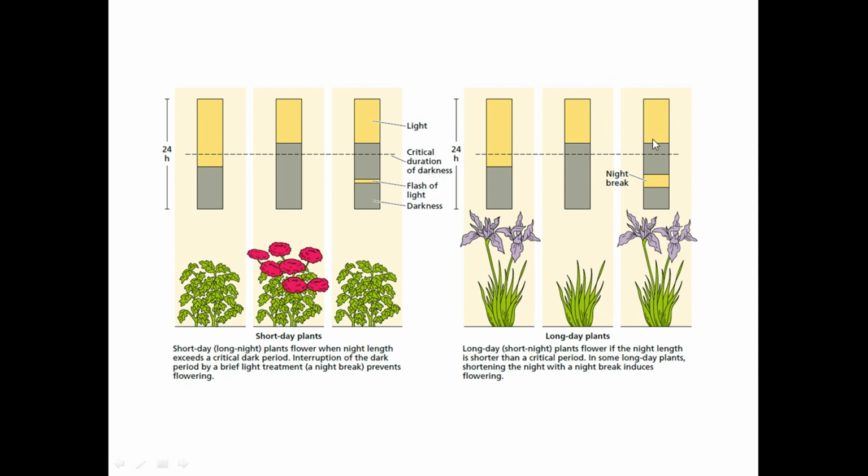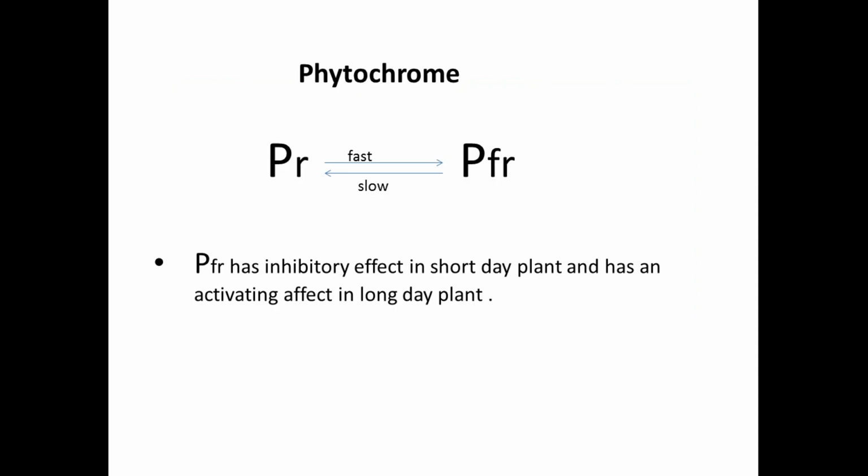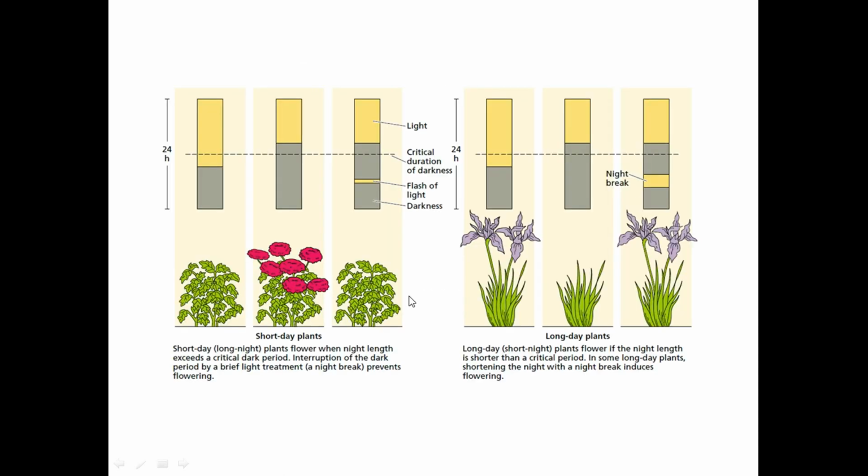Here it is having a short day exposure even though it is flowering. The reason behind it is this night break. As you could see, the exposure to the night break resulted in an increased concentration of PFR, and this PFR has an activating effect on the long day plant. So this resulted in the flowering of the long day plant.